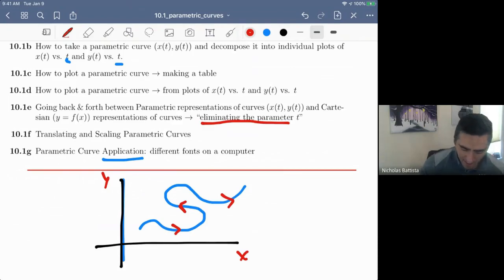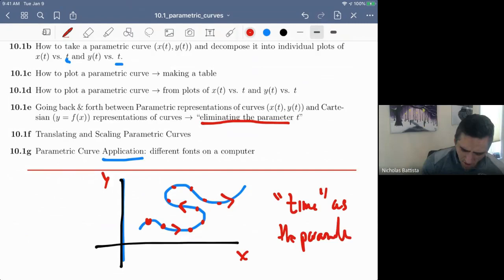There is a coordinate x describing where I am in the x direction, and a coordinate y describing where I am in the y direction. As I'm walking around, both the x and y values are changing, and because I'm walking, they're changing with respect to time. So you could think of time as the parameter.